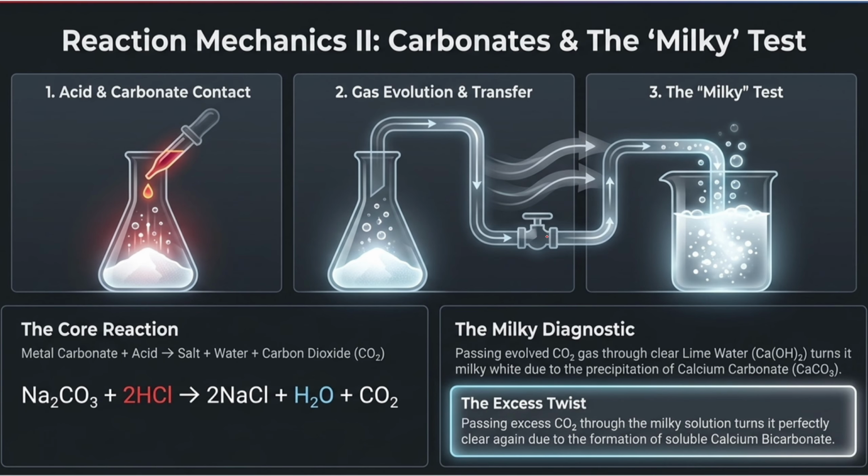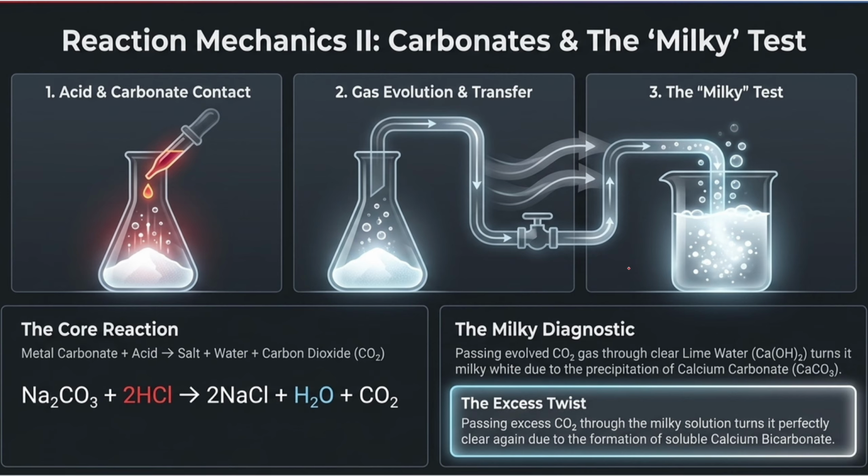Okay, so this we have already discussed in chapter 1, acid carbonate contact. So when this gas CO2 is released, if you pass this CO2 through lime water, it becomes milky white. That milky white part is nothing but calcium carbonate.